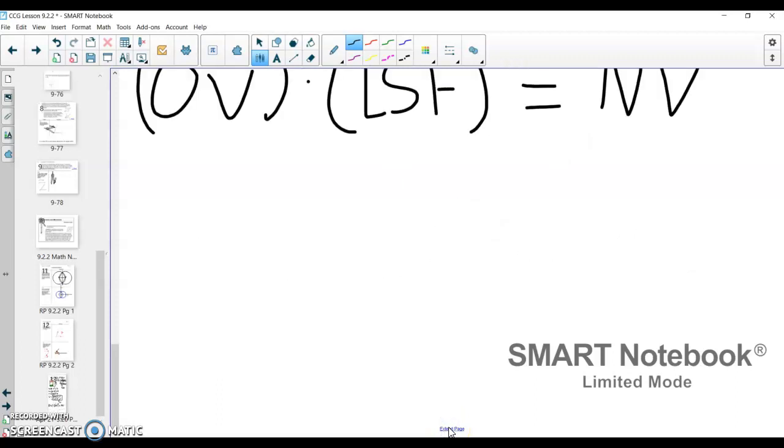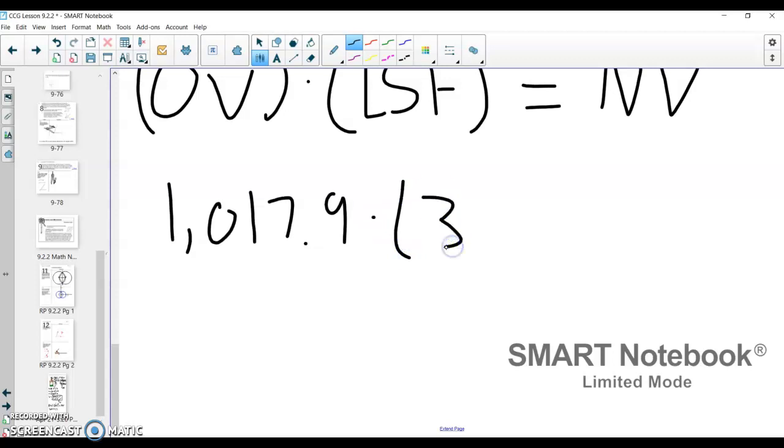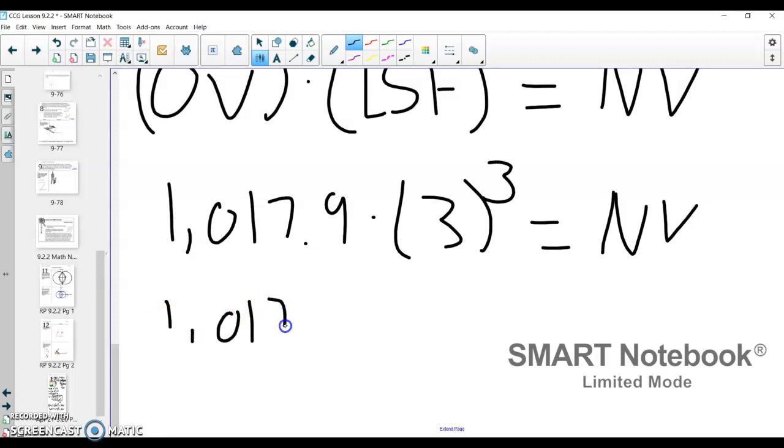All right, and we actually have all of this. Our old volume is 1017.9. Our linear scale factor cubed is going to be 3 cubed, because that's our linear scale factor getting cubed, and that's going to give us our new big volume. And what I get here is 1017.9. 3 cubed is 3 times 3 times 3, which is 27.